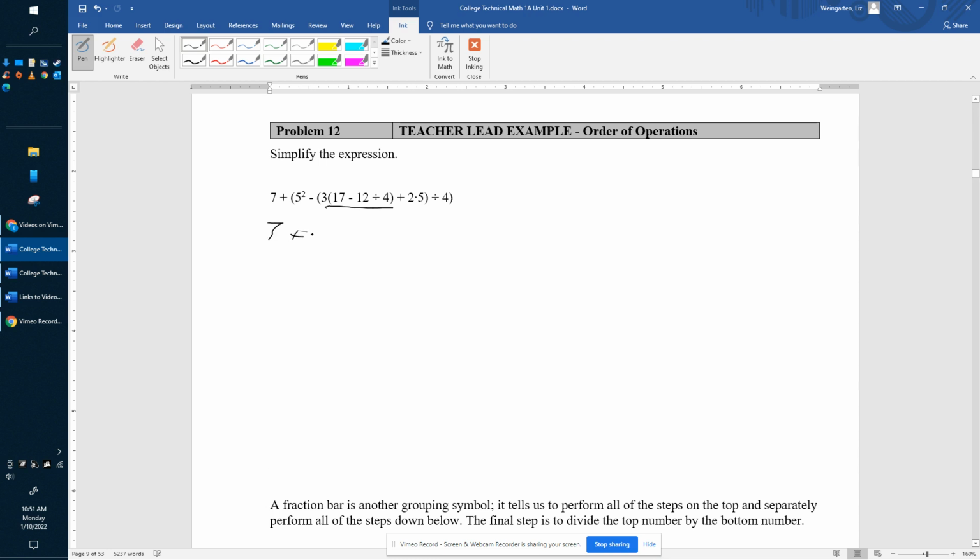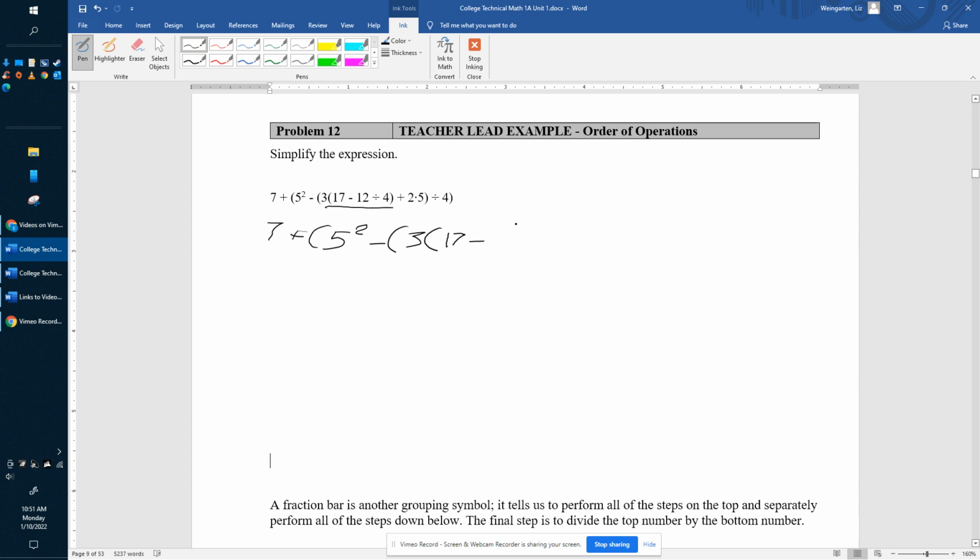7 plus, in parentheses, 5 squared minus 3 times. So what is in this parentheses? We have 17 minus 12 divided by 4. So according to our order of operations, we have to perform the division first. So this 17 is going to stick around for a bit.